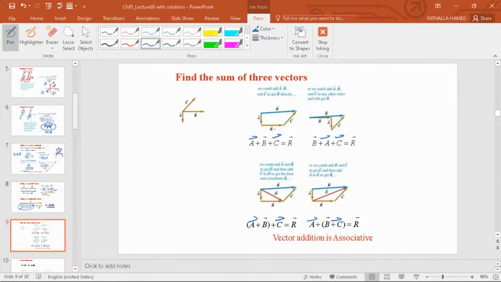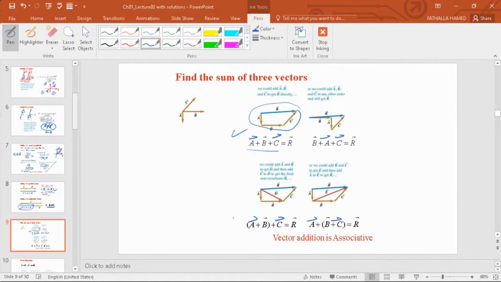Let's take three vectors: vector A, vector B, vector C. You see here that we're putting the tail of vector B to the head of A, and then we're putting the tail of vector C to the head of B. That means I'm adding B to A, and then I'm adding C to B, which means I have A plus B plus C equals R. That's the right notation for this situation.